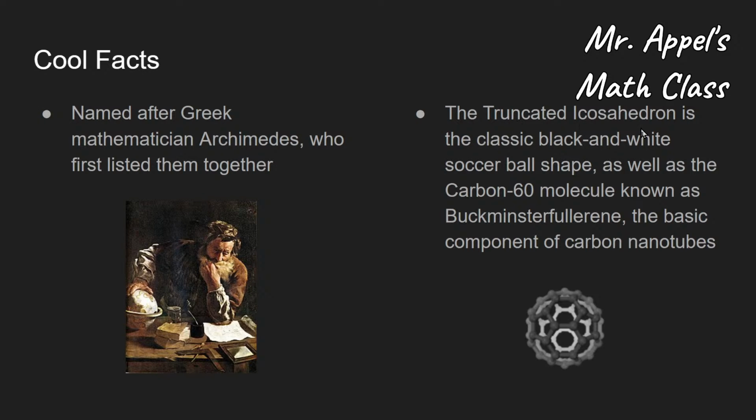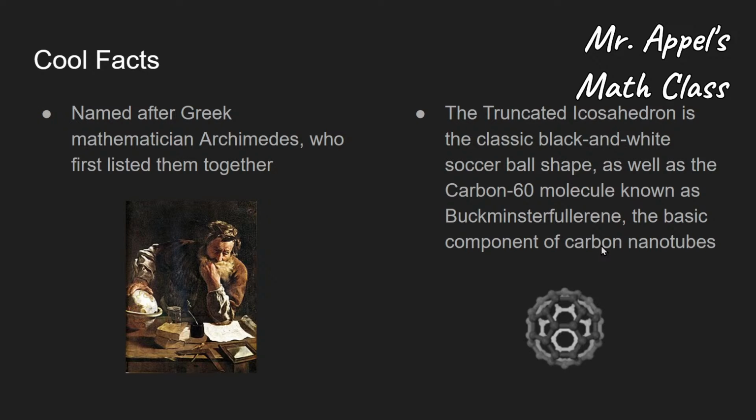The truncated icosahedron, you might have recognized that picture. That's the classic black and white soccer ball setup. In addition, it's also the shape of the carbon-60 molecule known as Buckminsterfullerene. This is a super strong molecule used as the basic component for forming carbon nanotubes, which is some cutting-edge technology we're on the verge of.